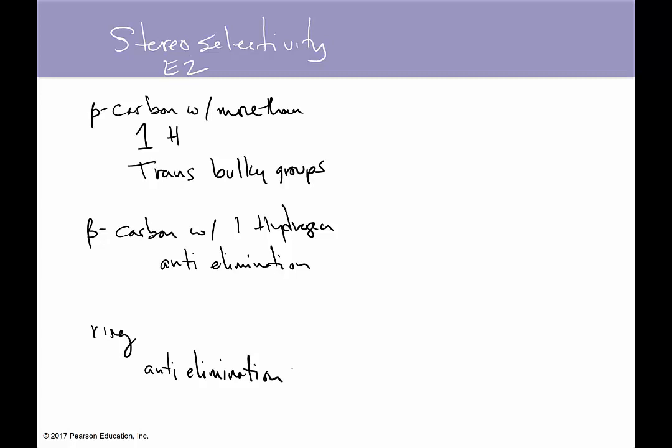I'm going to draw the two carbons that are bonded, the hydrogen which is plucked off, and the leaving group. Let's say it's an alkyl halide, so let's use bromine. They have to be in this relative configuration to each other. That is, the hydrogen has to be above and anti to the leaving group.